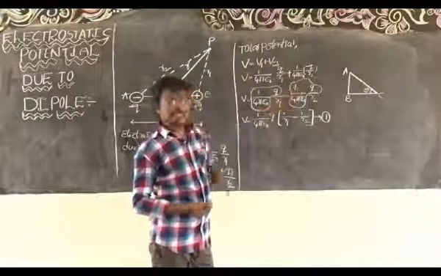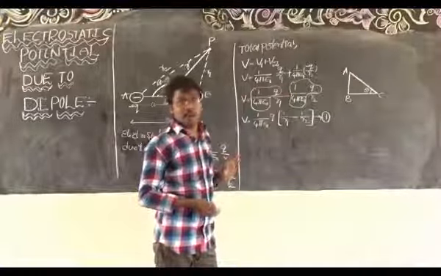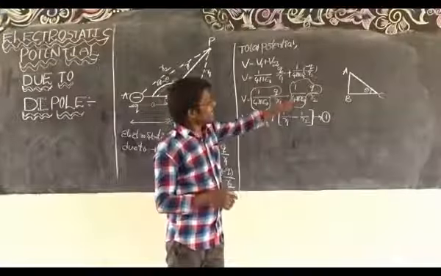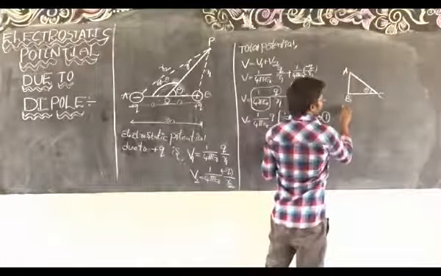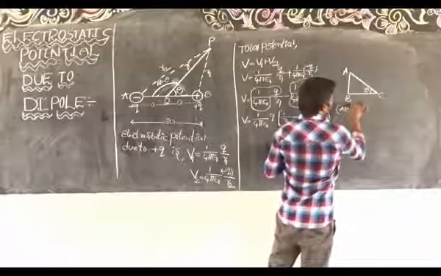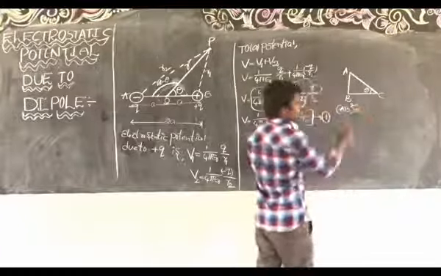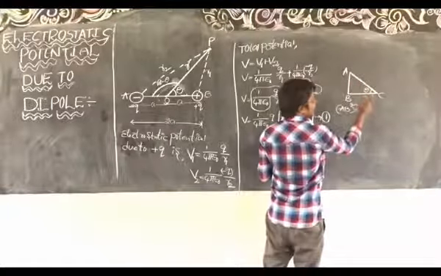Now, for this triangle, I am applying the cosine law. You should take any one side. See here, I am taking this side AB whole square is equal to, what are the remaining two sides?